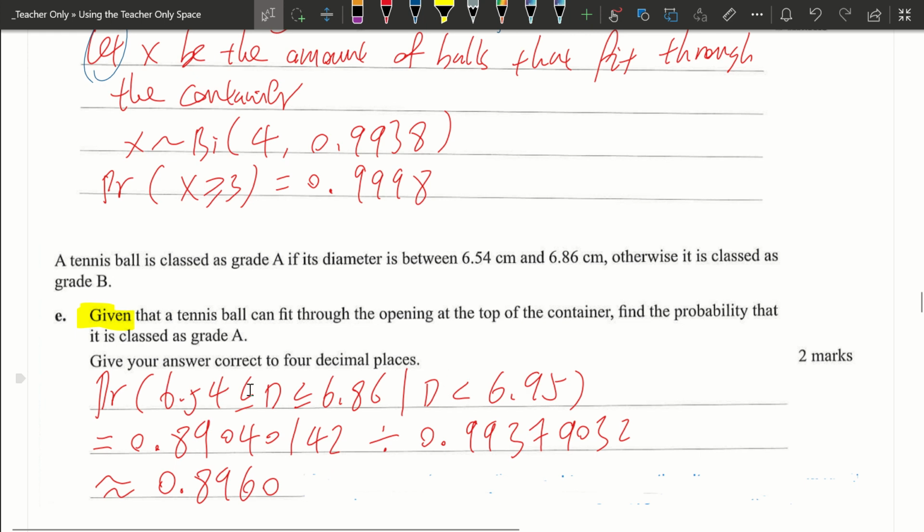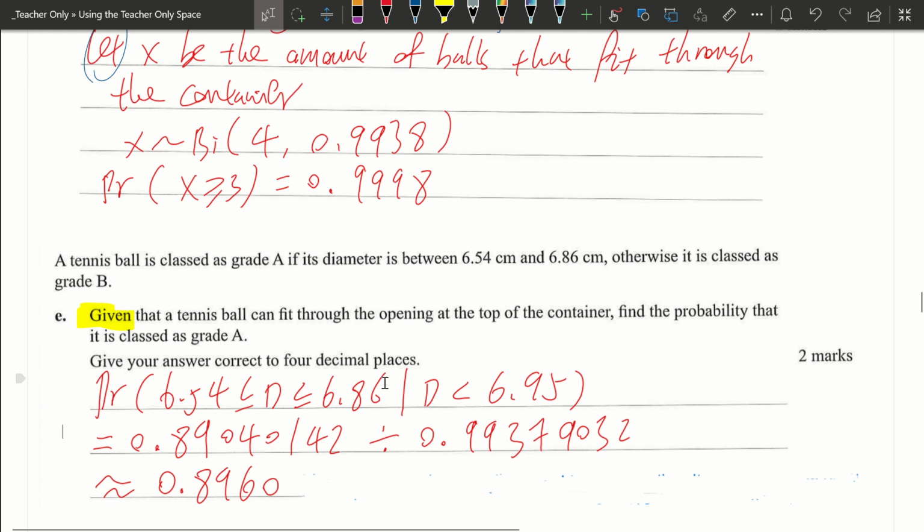So between 6.54 and 6.86, given that D is less than 6.95. Well, it's a conditional probability, so it's a fraction, but the numerator is the intersection between the two conditions.